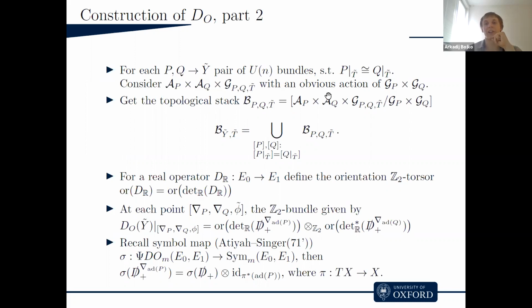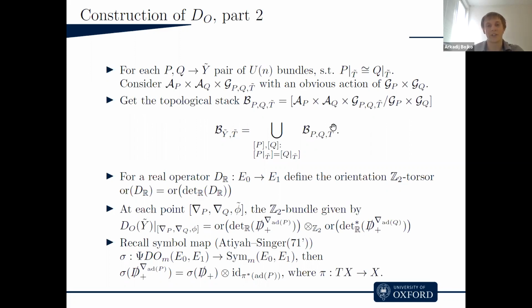And there is an actual action of the gauge group of P cross the gauge group of Q on this topological space. So I get a topological stack by taking the associated quotient stack for this action. The action is obvious on A_P and A_Q, and here I just act by conjugation.